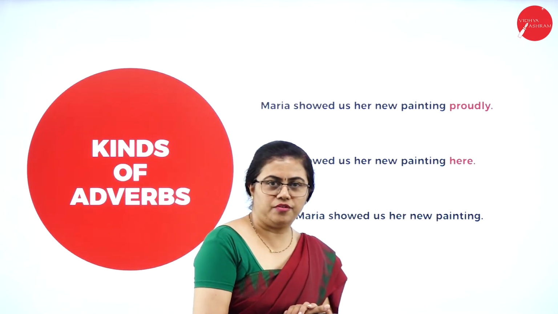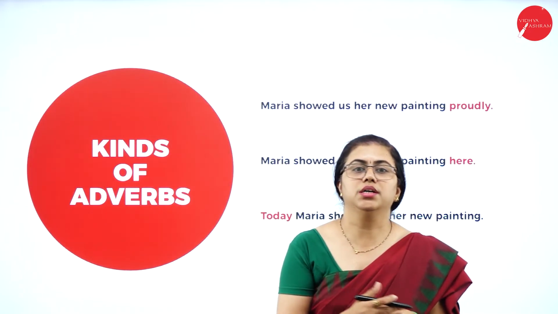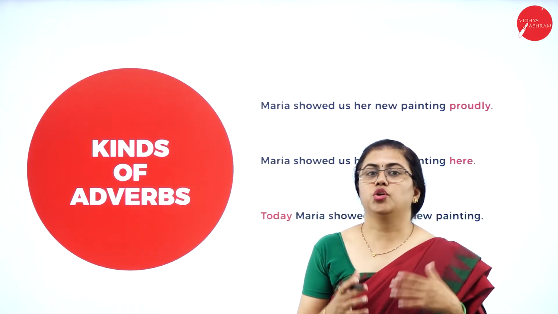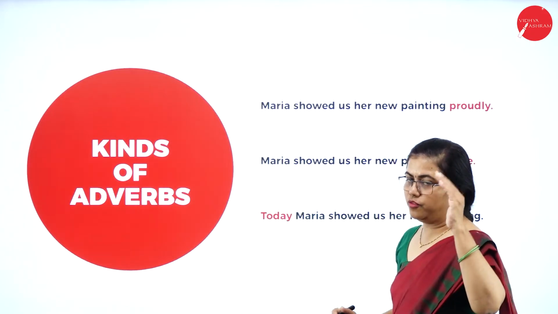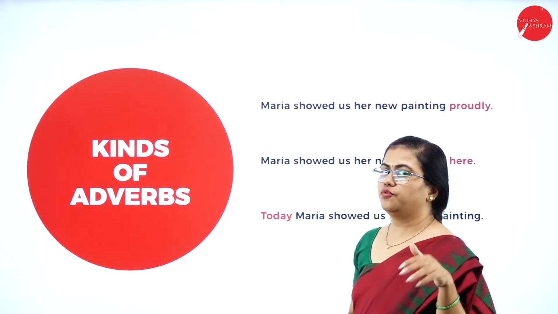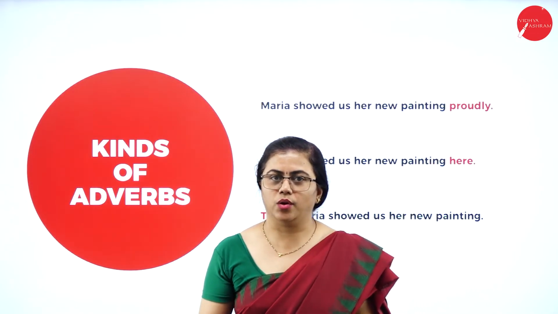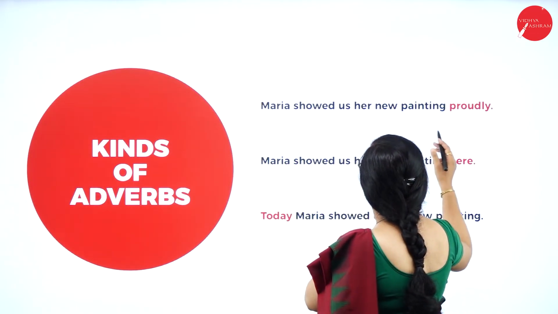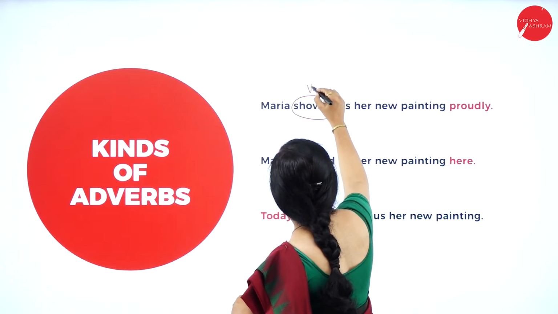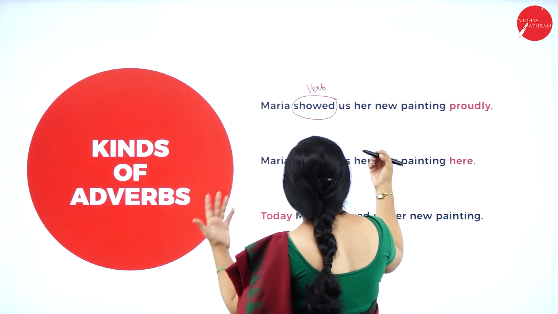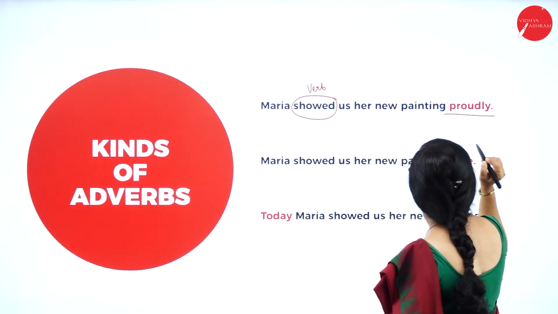Adverbs are divided into 5 categories based on the work they do, based on the role they play in the sentence. I have just made a few changes in the same sentence for you to understand it better. In the first sentence, Maria showed us her painting proudly. Here showed is the verb. How did she show her painting? She showed it proudly.